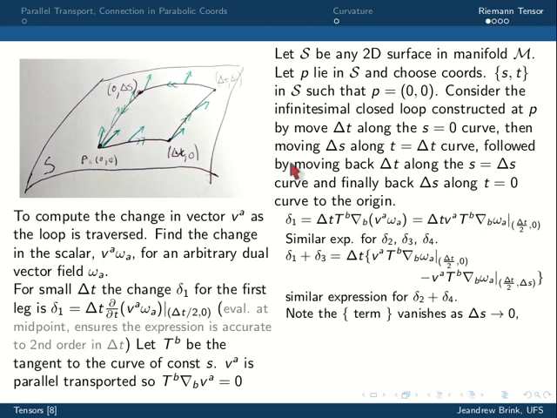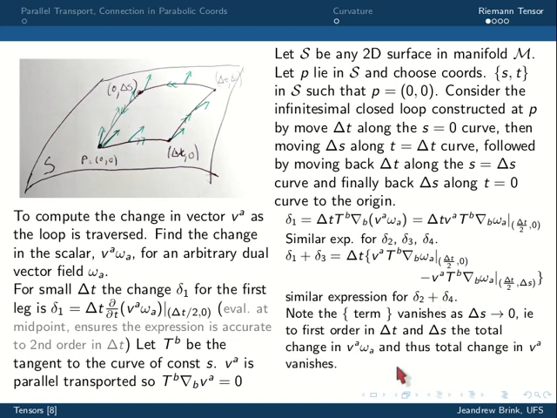Okay. And what's going to happen is that, to first order in delta T and delta S, I'm going to be able to sum this guy and that guy together, and I'm going to find the total change in delta V dot omega_A. And because this omega_A was arbitrary, I'm basically going to get the total change in V^A.